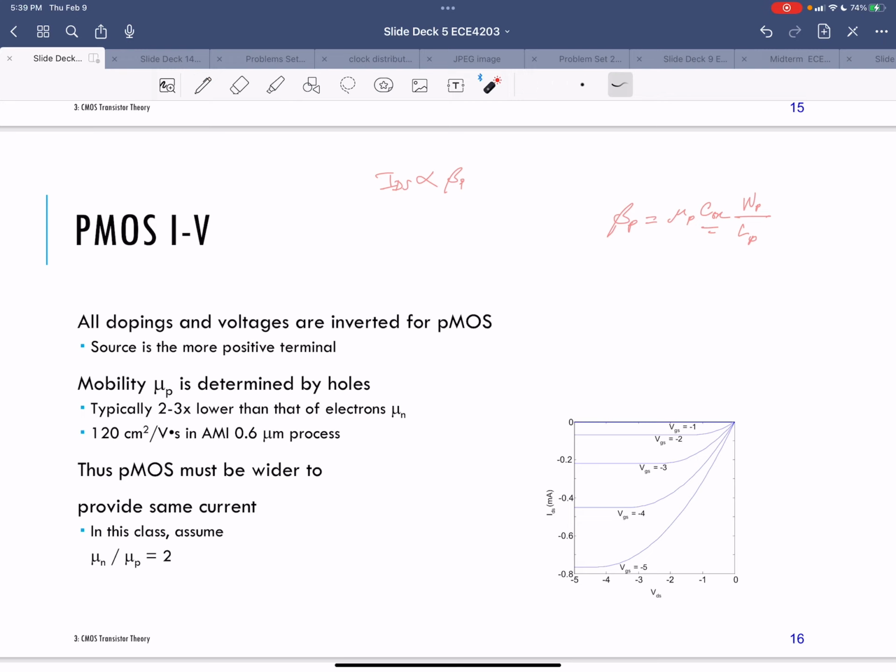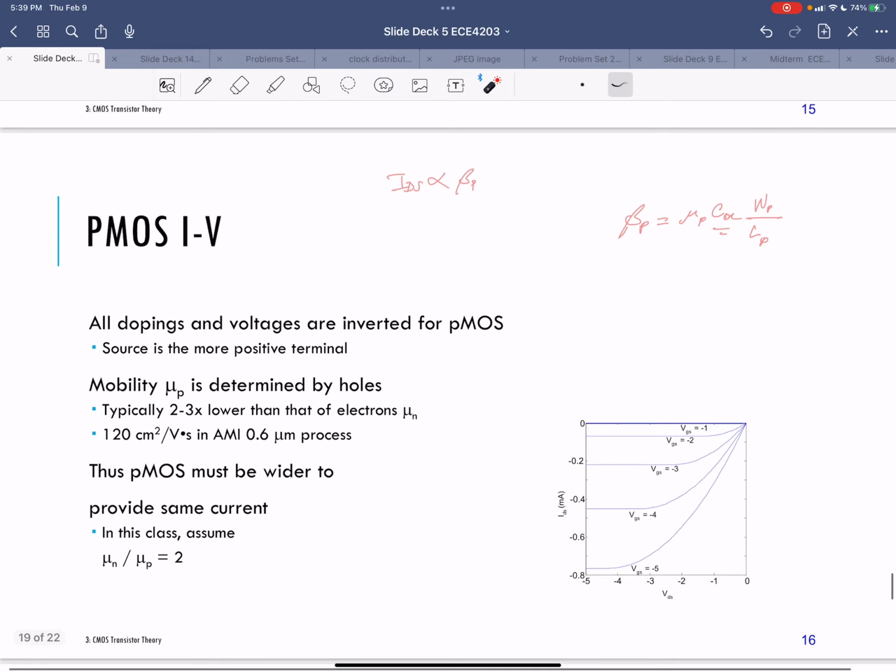Again, you're stuck with whatever capacitance you have in your process. You have complete control of the width and length of the transistor. For a PMOS, just like the NMOS, you want to use the minimum length for logic design, and so your tuning knob is essentially the width of the P-type transistor. You want to double the current, you double the width.